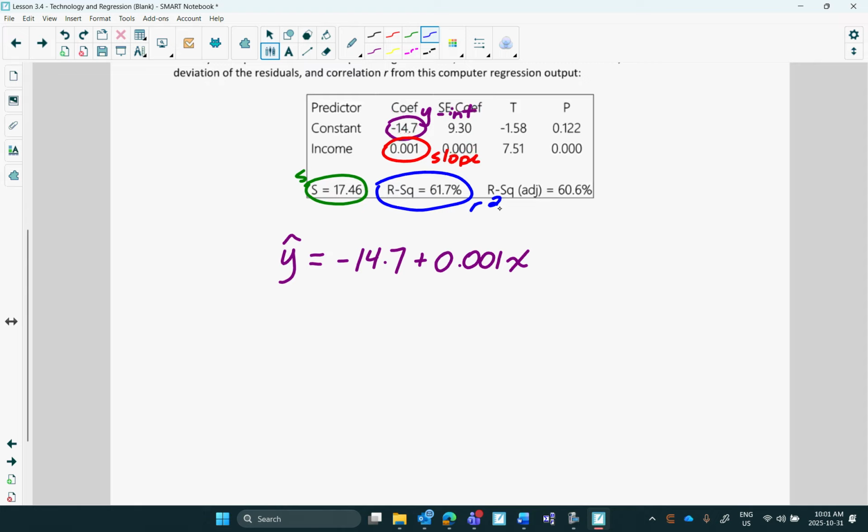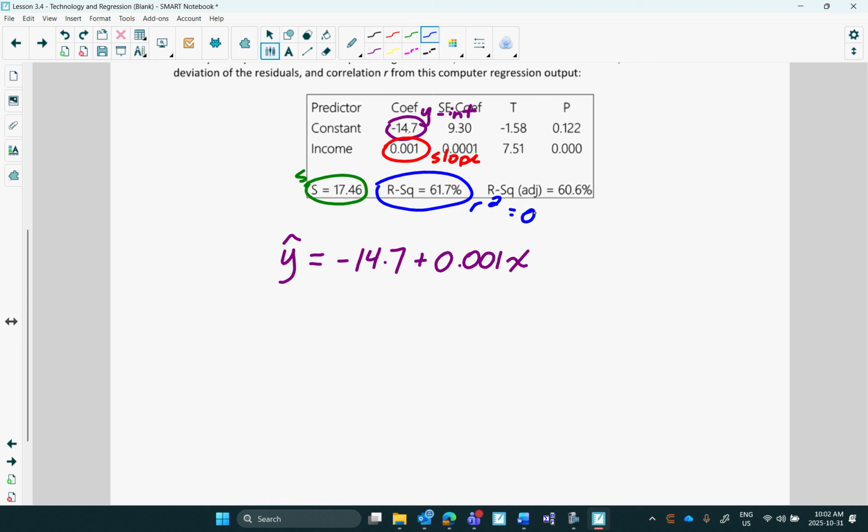Which is the correlation coefficient squared, which tells us the percent of, I always get this fumbled up too, the percent of variation in the y variable that can be explained by the x variable. And remember, we usually express this as a decimal.